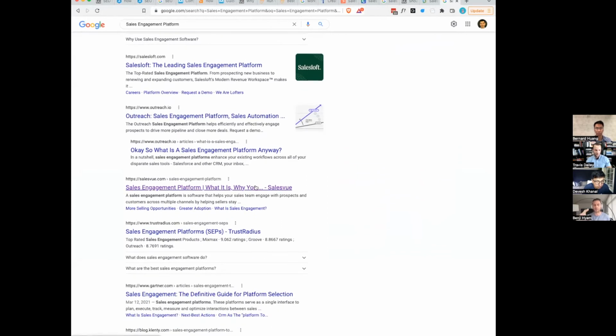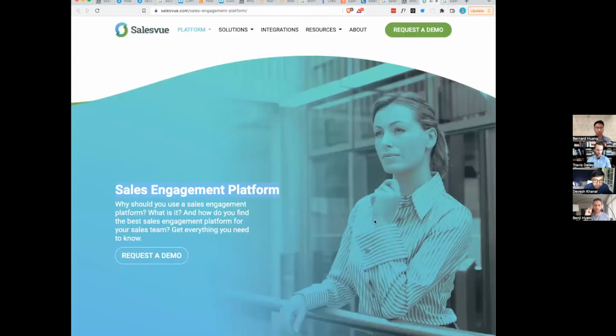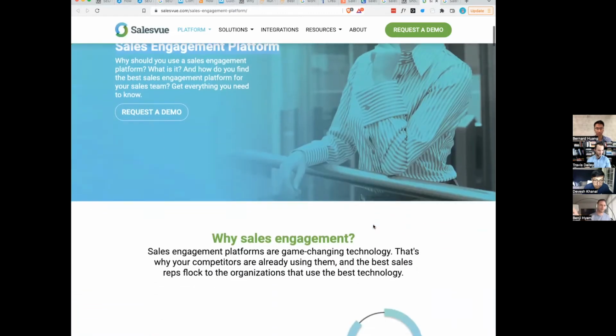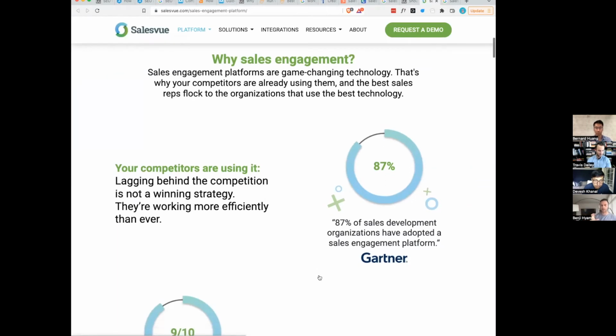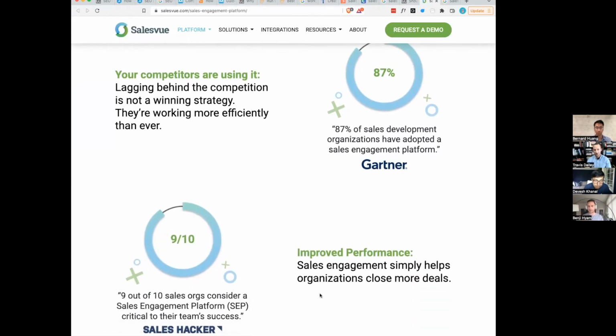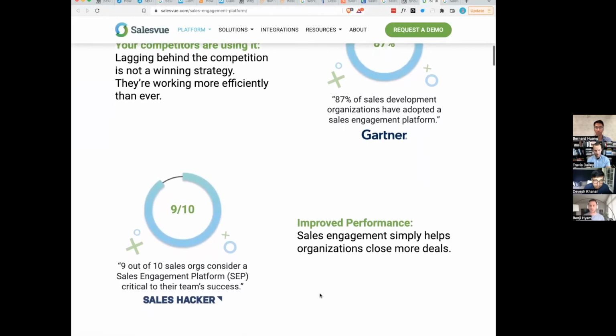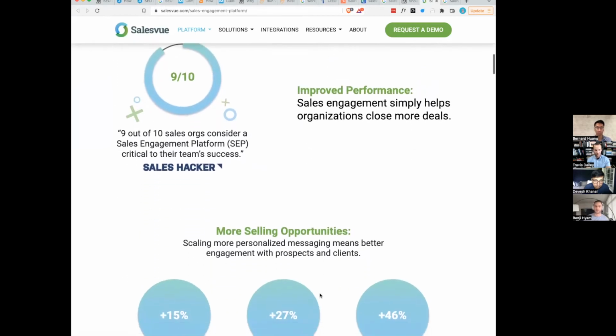Oftentimes these product pages are where someone comes to your site, goes into platform, product, solution pages, and this whole page is created around getting a demo or getting someone to take action. As opposed to that, if you're creating a page to rank for this keyword, there's probably a lot of information needed on this page that you're not going to want to include on your product page or the landing page.